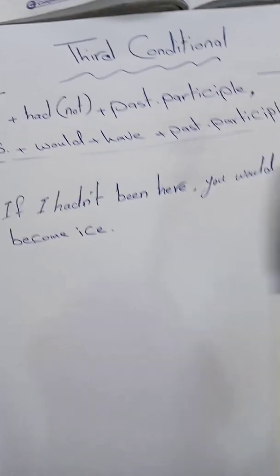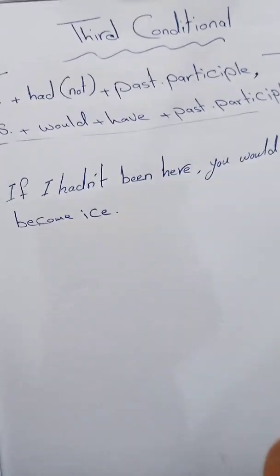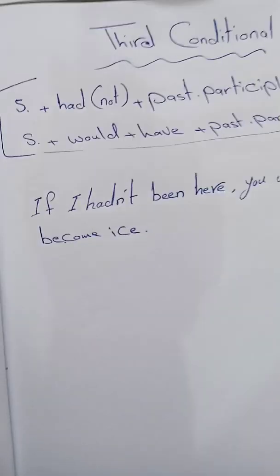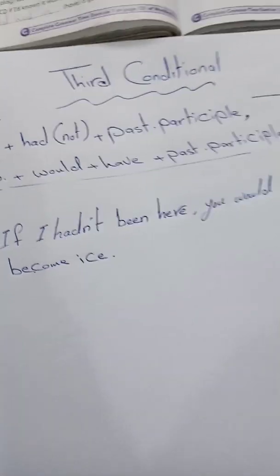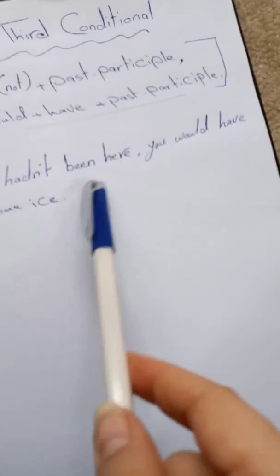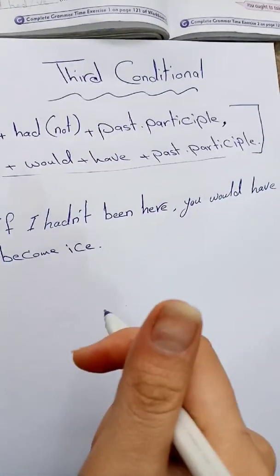It means if he hadn't been here, he would have become ice. Chip told Professor that if he hadn't been here, he would have become ice.